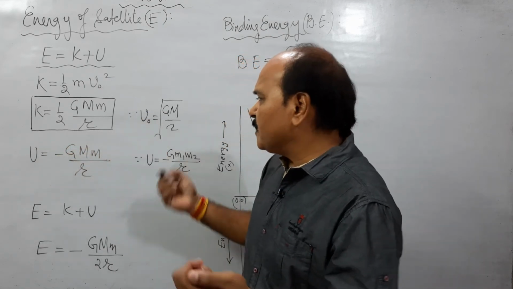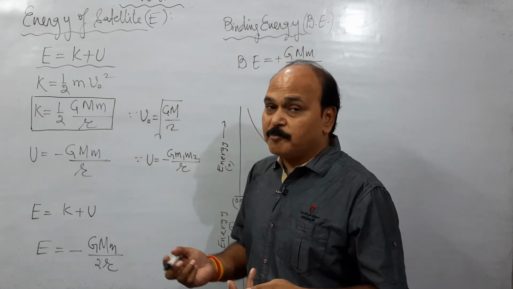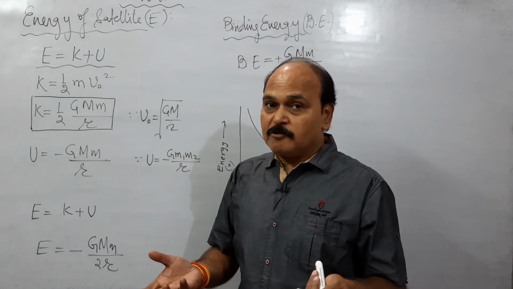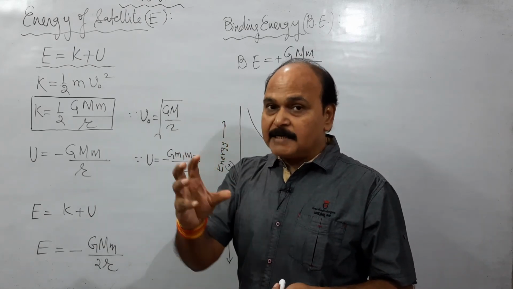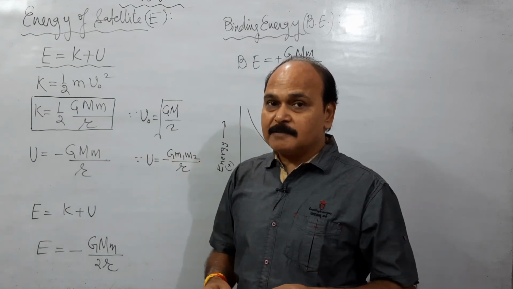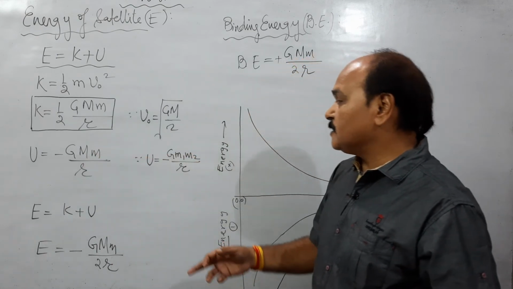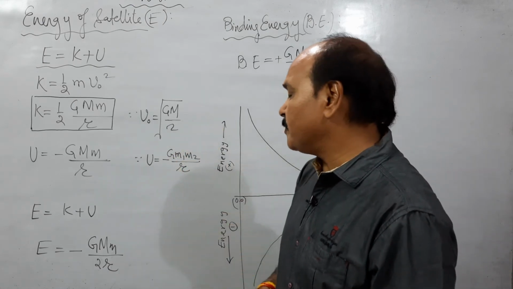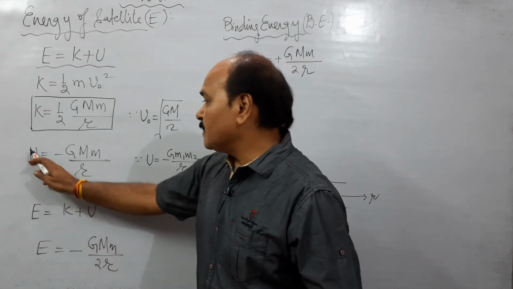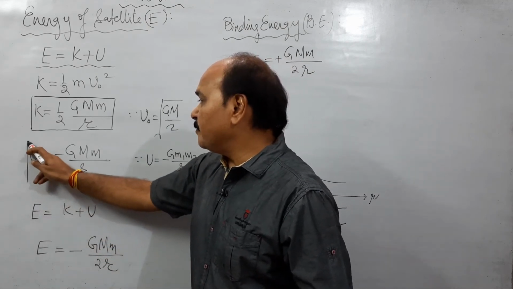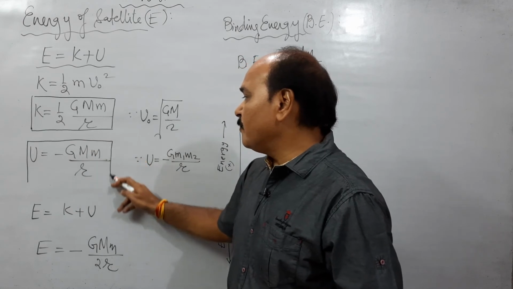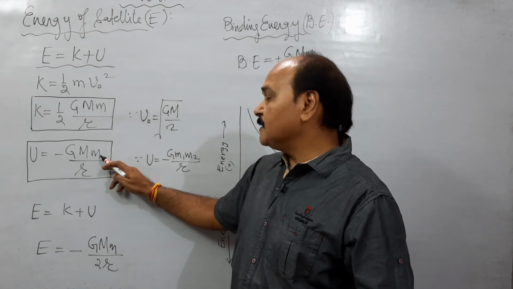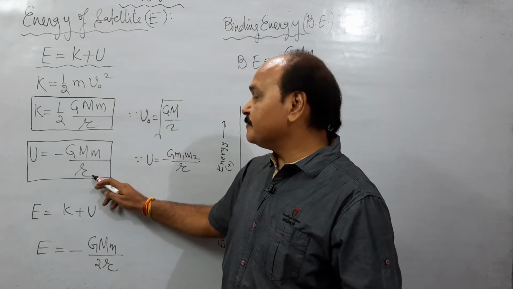Well, what is potential energy? Potential energy is nothing but potential energy of two mass configuration. One is the satellite, and the other mass is the planet. So potential energy of two mass configuration is minus G m1 m2 by r, r is the separation between the two masses. So what is potential energy of satellite? Potential energy of satellite is going to be minus G m1 m2 by r, m1 is the mass of the planet, m2 is the mass of satellite, and r of course is the distance between them.